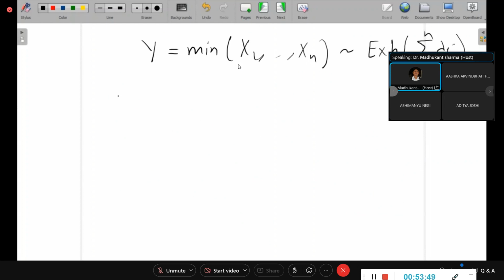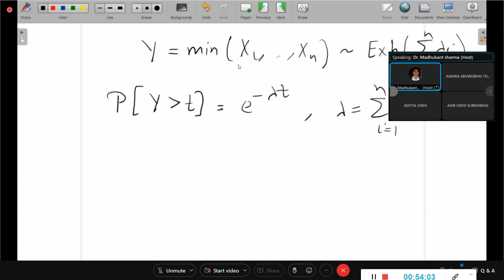And what you are interested in is the probability that y is greater than t. That's going to be e to the power minus lambda t, as we just found, where lambda equals the summation of lambda i, i equals 1 to n. So if you have the values of the lambda i's and you have the time t, you can actually find out the probability there.